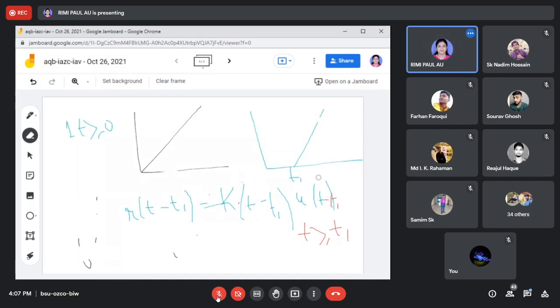That means we are getting this signal's values only for the positive side. There is no negative x-axis or negative y-axis value included. Only positive x and positive y side values we get if I multiply with this unit step function. That means I am representing the signal in the first coordinate. Right?